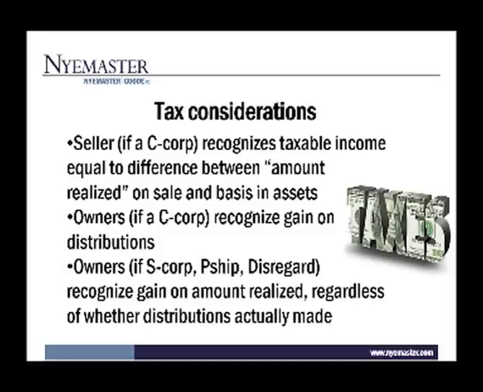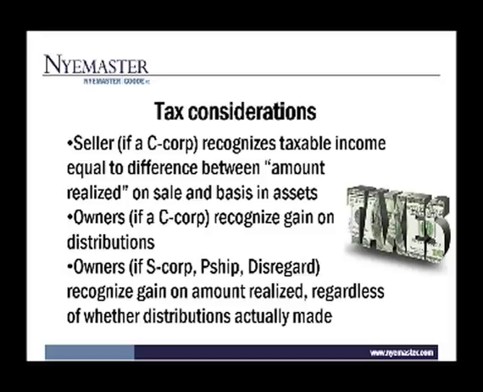So if the seller is a C corporation, it pays entity level tax and recognizes income on the difference between the amount realized and its basis in assets. In most cases, for the owners, when they receive a distribution, it's going to be treated as a liquidation of the C Corp. So they're going to pay tax on the distribution of the sale proceeds.